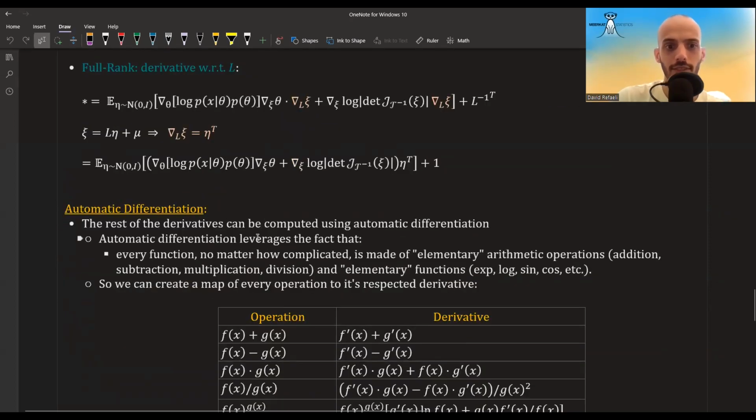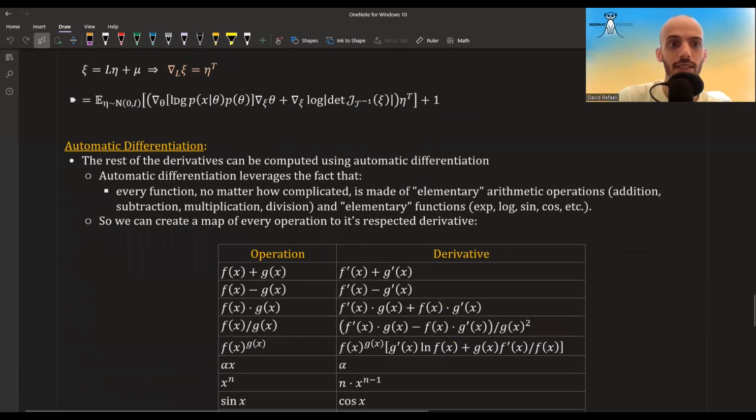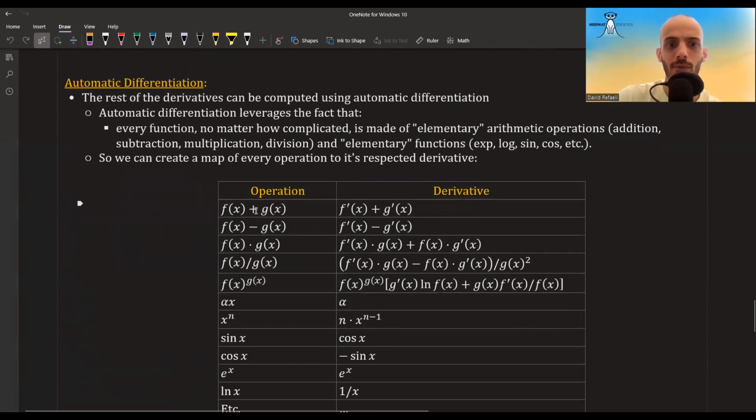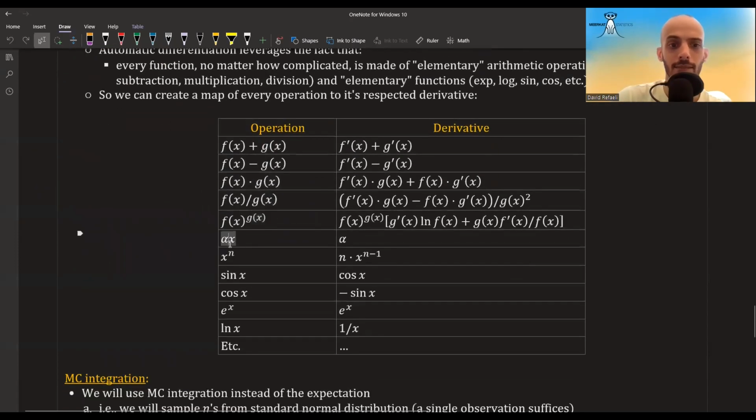Automatic differentiation leverages the fact that every expression, every function we take the derivative of, is made of elementary arithmetic operations. This thing could maybe be a really complicated function of theta, but if you break it down to the simple operations, it's either a plus, a minus, a product, a quotient, or an elementary function that applies over it, like a sine, a cosine, e to the power of, log, etc. And each one of these operations, you can calculate the derivative of.